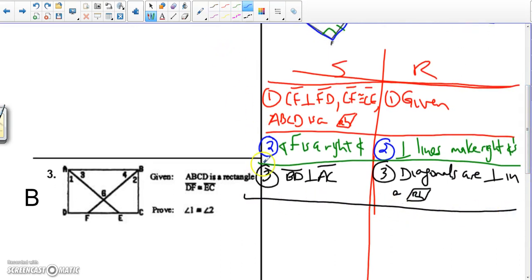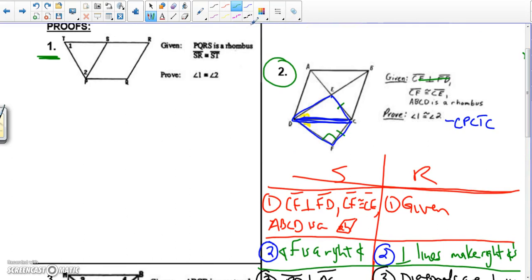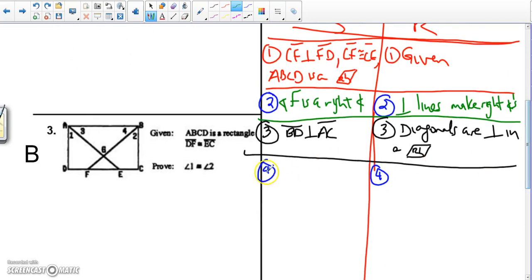Alright, so we're using that rhombus to open up some new rules for us. And since the lines are perpendicular, what does that tell us? It tells us we have a right angle right there. So angle DEC is a right angle.